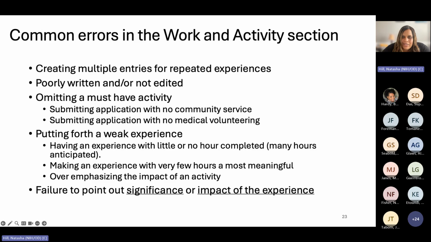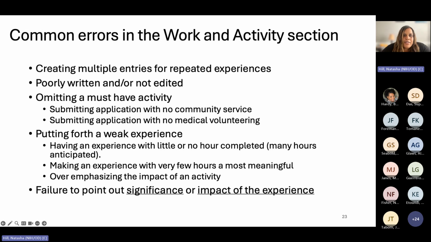Again, be realistic. If you spent 4 years in an activity and you've only completed 10 hours, don't estimate that you're going to spend the next year completing 500 hours in that activity. Be realistic about the time you have and the number of hours you're going to put forth.